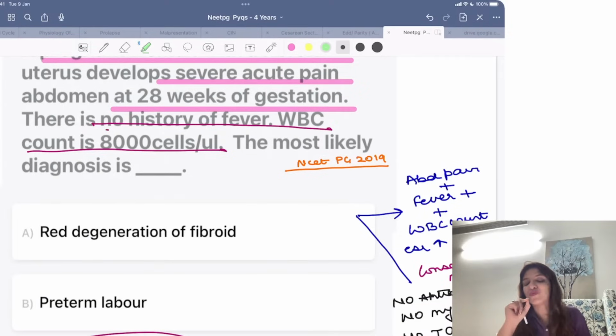Is the patient going to give you this history? Patient is going to say that the pain is coming and going. Pain will be coming on and off, right, because of contractions. Severe acute pain in abdomen will not be there in preterm labor, right?